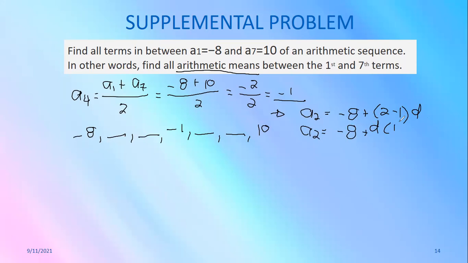So we have the first equation. Okay. So if you're going to use the third term, which is equal to, this is still negative 8 plus 3 minus 1 multiplied by d, and a sub 3 is equal to negative 8 plus 2d.